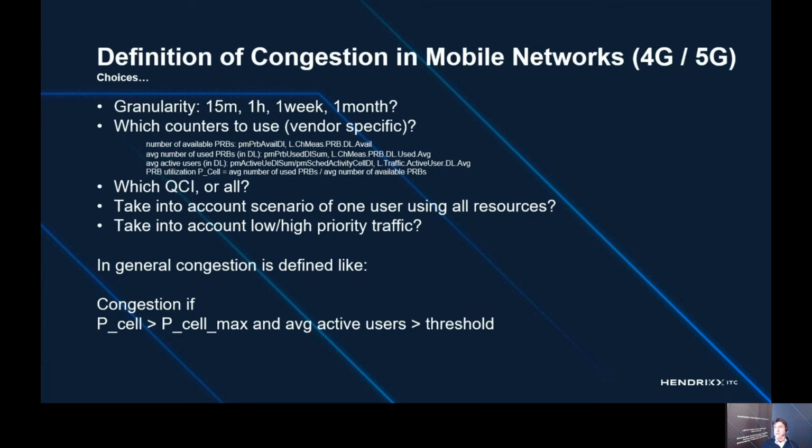So then you have to think about, do I want to work with 15 minutes data or monthly data or weekly data? Because this has impact on the way how to solve the congestion issue. But also, if you have a mobile network and you have a lot of counters and a lot of vendors, you have to think about how to define it, in which counters to use.